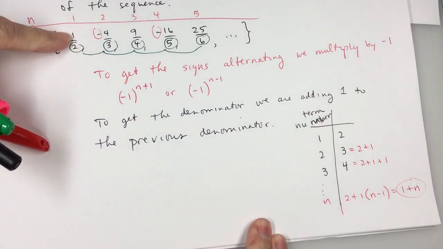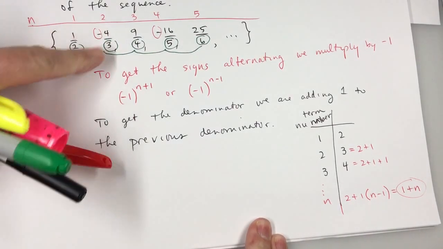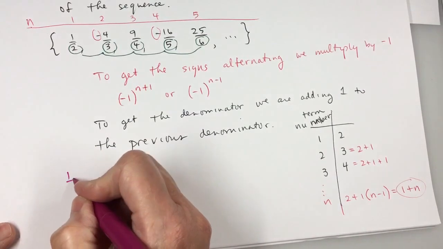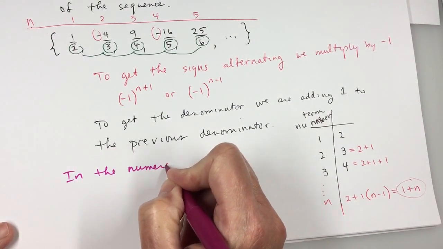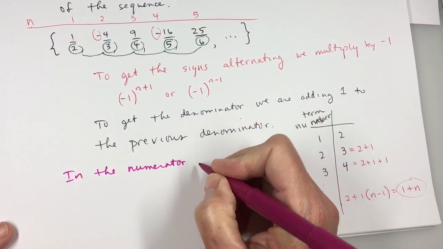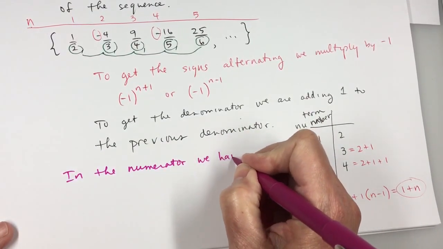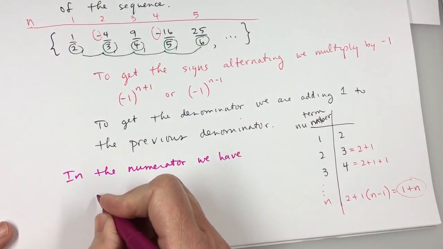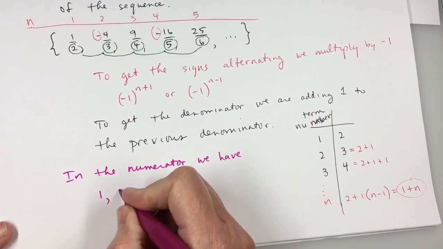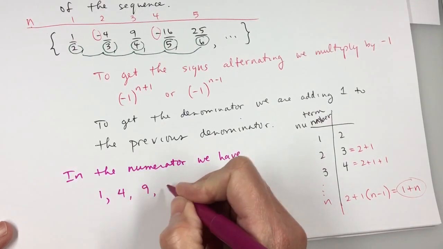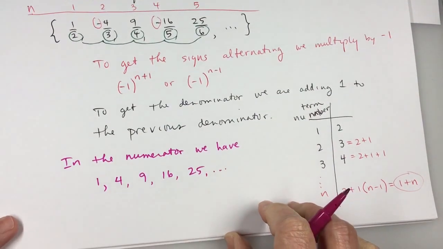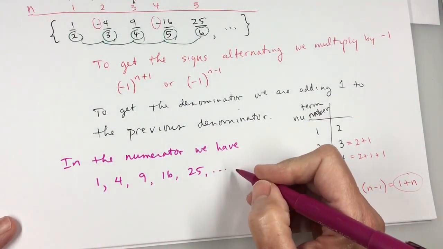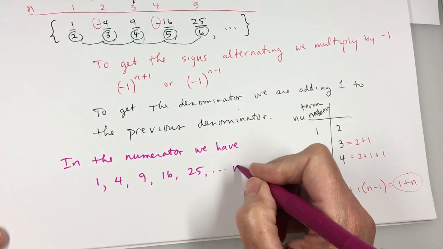This is 1 squared. The 4 is 2 squared. So in the numerator, we have, not counting the negative signs, 1, 4, 9, 16, 25, and that is n squared.